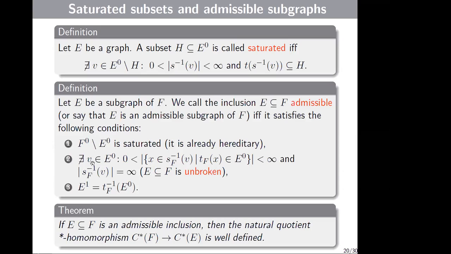And the breaking vertex is a vertex which has this property: it is an infinite emitter, but it emits only finitely many edges into the subset E0 of vertices in the subgraph, okay? So the situation which is not allowed is that we have a vertex which is an infinite emitter, and it emits finitely many arrows into the vertices in the subgraph, and infinitely many outside, okay?